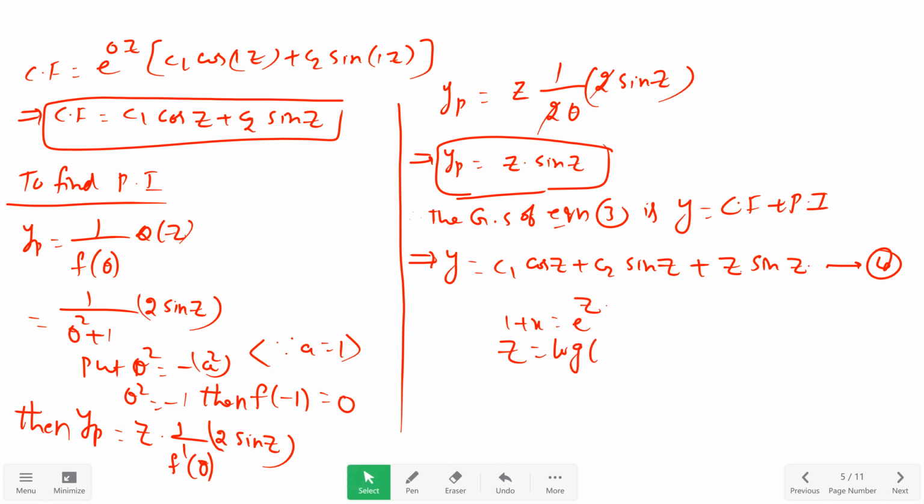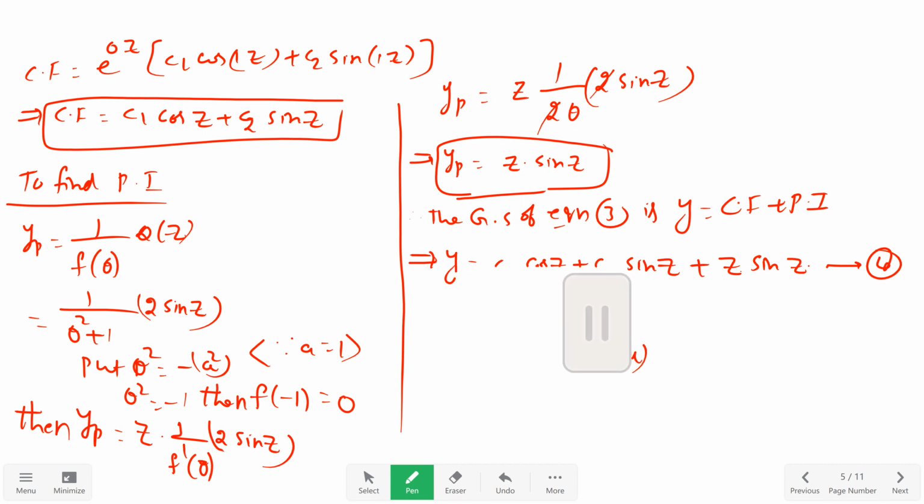Substitute this z value in the solution of equation 3, that is equation 4, and we get the general solution of the given equation.